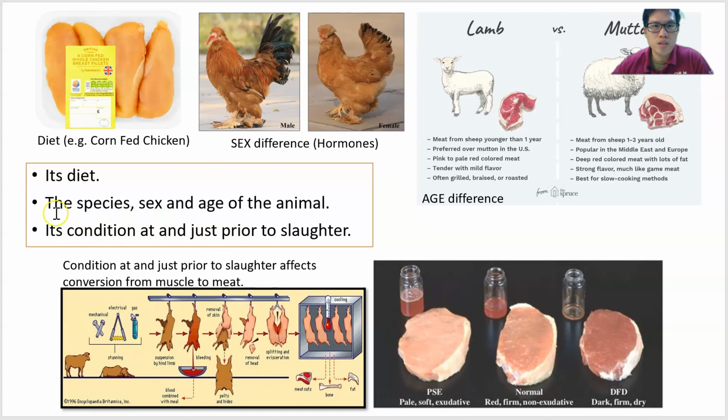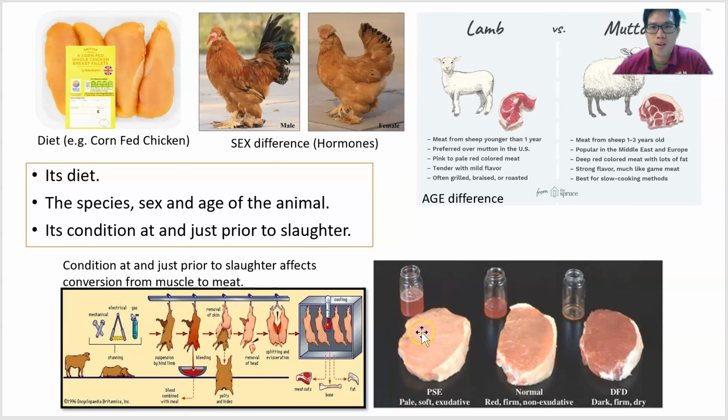This can affect the conversion from muscle to meat and can result in PSE, normal, or DFD meat. Of course, if you are cooking these meats, the flavor generated will be different. This one has a higher pH and less exudate, and this one has a lower pH and a lot of exudate. So you can see from here the composition will be different as well.